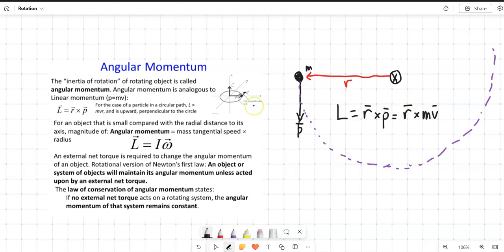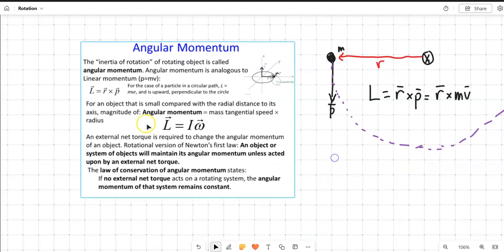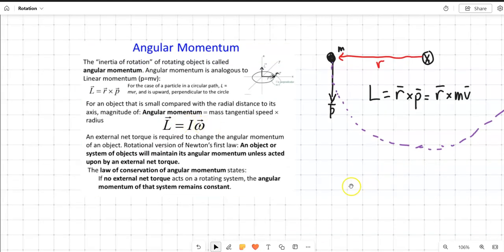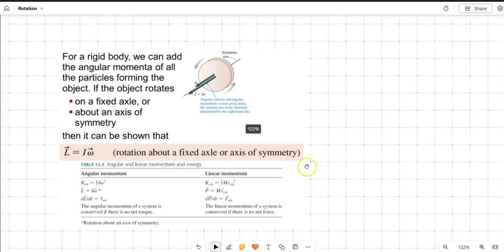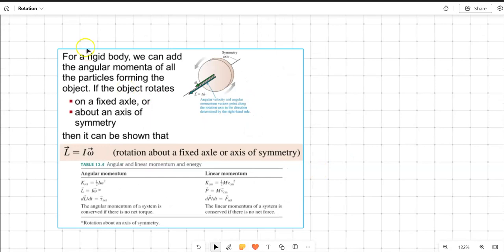But if it's a solid rigid body, we interpret the angular momentum using the moment of inertia times omega. We're going to be applying the conservation of angular momentum to solid rigid bodies, using moment of inertia and omega. As long as we're talking about a solid rigid body, we can interpret it this way.